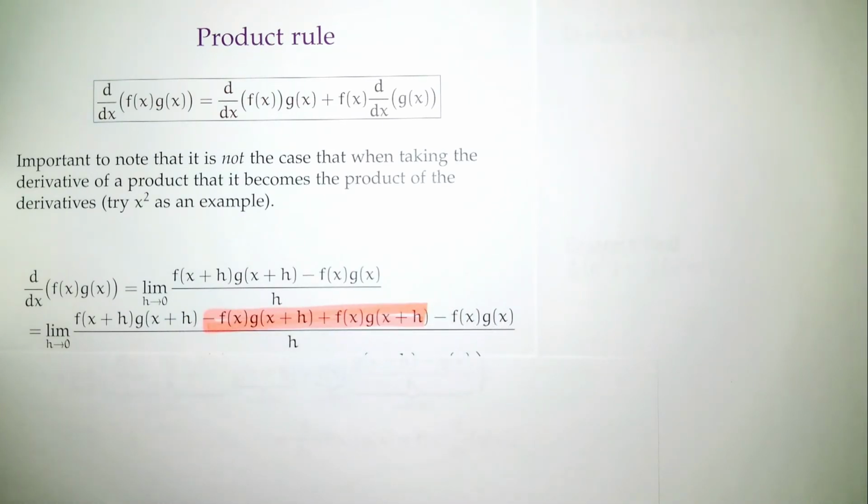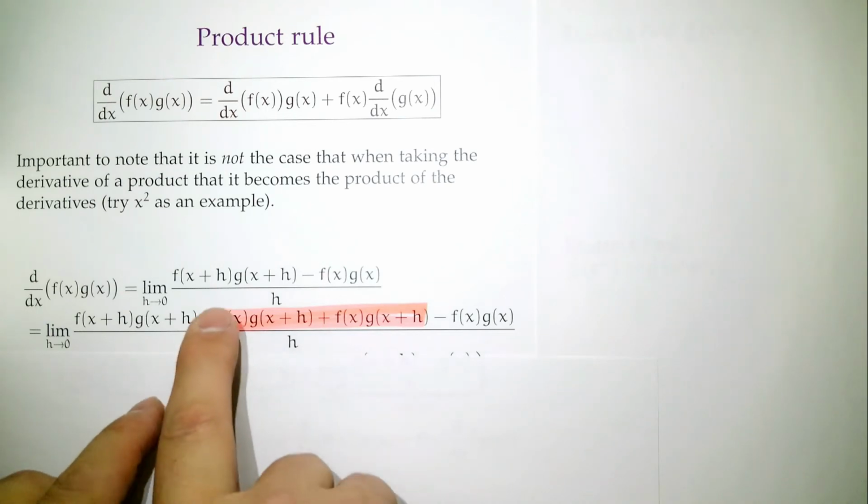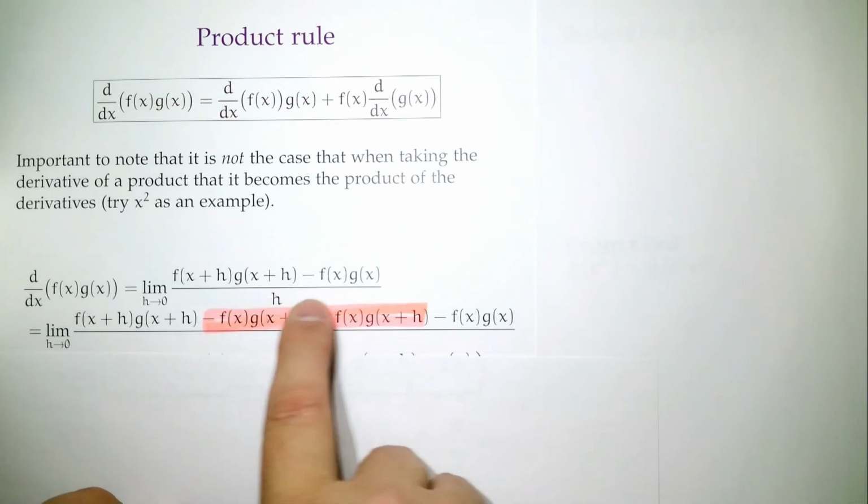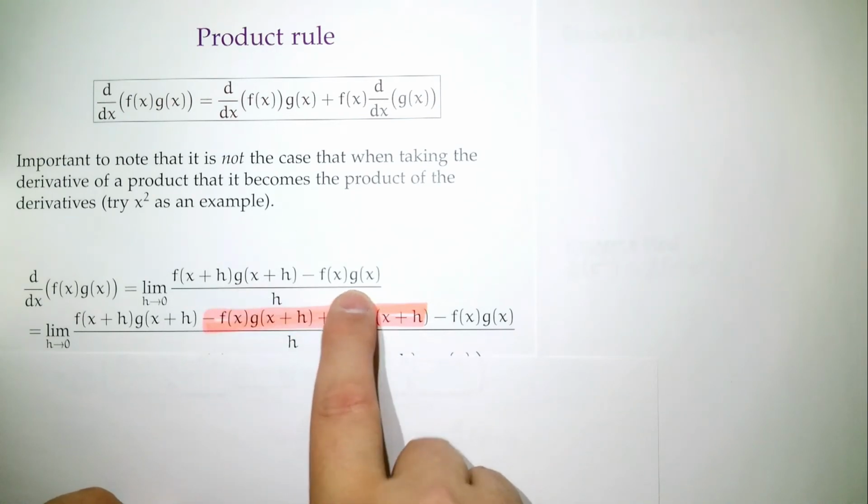You add and subtract the same quantity. Now, the first reaction is, okay, I give it to you that this is equal, but why are we doing this? And why that choice? Well, we didn't just add and subtract 0, we added and subtracted a well-chosen 0. What we wanted to do was get something halfway in between this first term, f of x plus h, g of x plus h, and the second term, which is f of x, g of x.